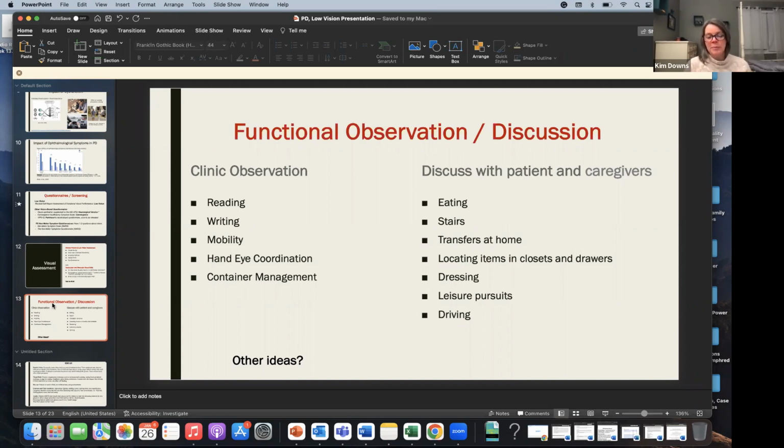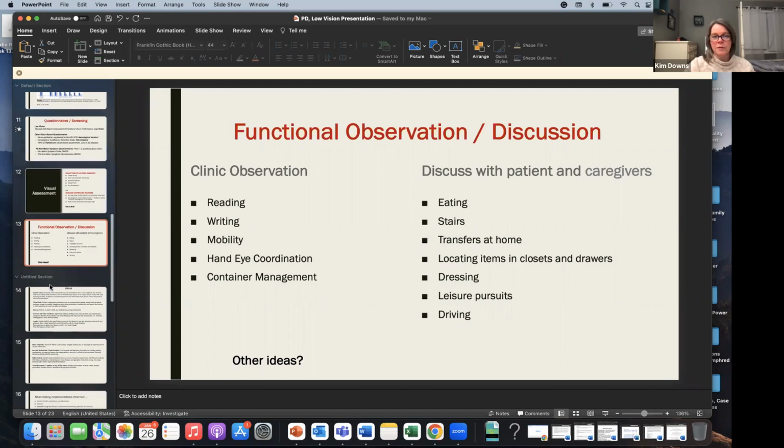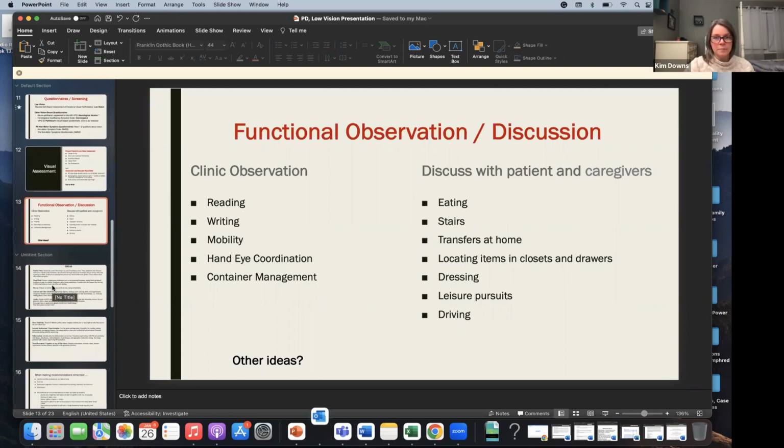But sometimes when people with Parkinson's disease make that kind of comment, therapists assume it's a visual perceptual skills issue, but it can actually be more of a contrast sensitivity issue. And then locating items, dressing, leisure pursuits, driving, again, these things are all going to be compounded by their rigidity and lack of physical mobility as well.